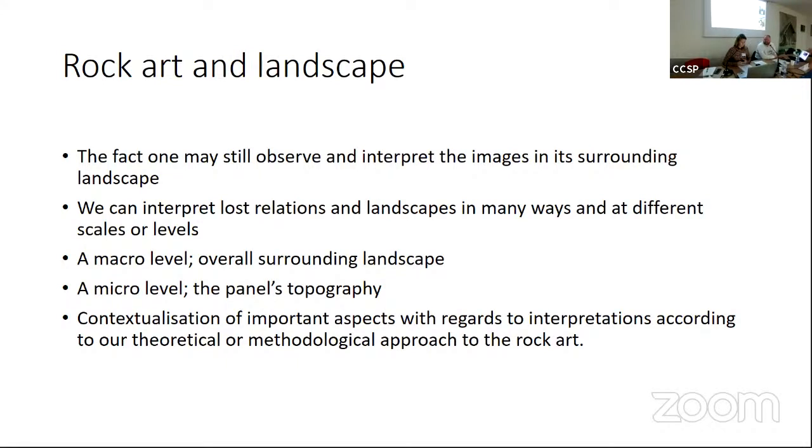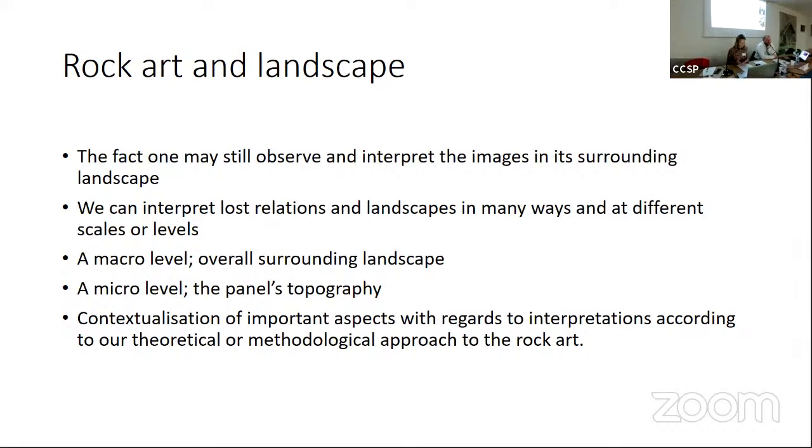So at macro level, we can see the rock art in the surrounding landscape and in relation to sea, river systems, outcrops, mountains, and such. And we also have a micro level with the panel's microtopography, where we can look at cracks or clefts, curving, and orientation, and how the images are placed next to them.